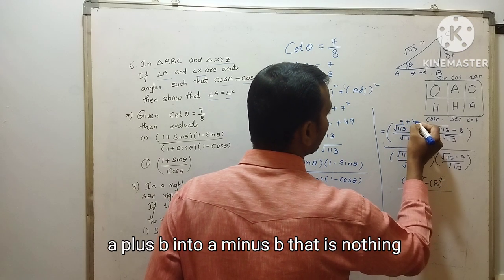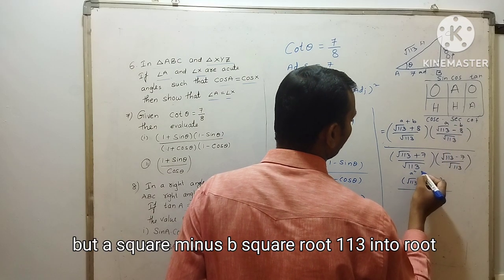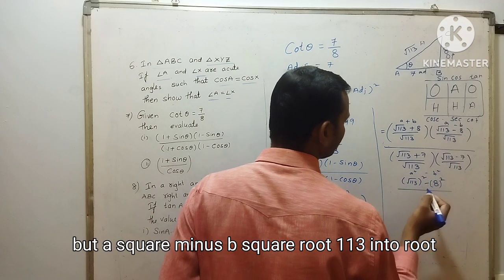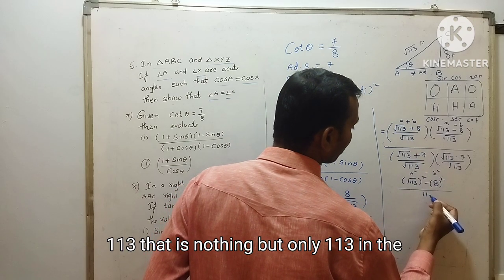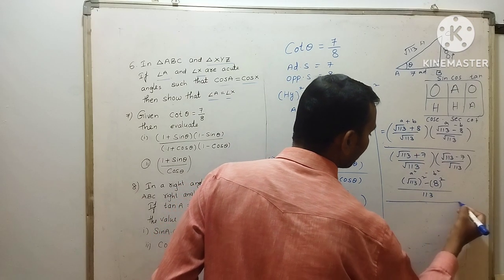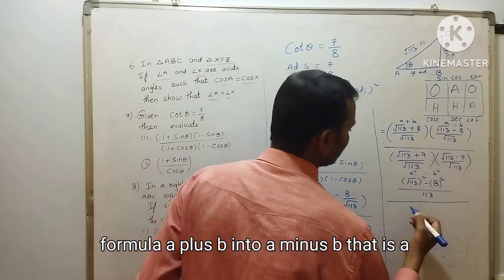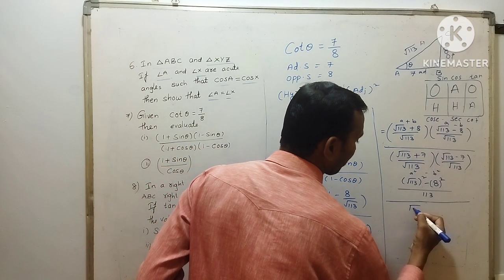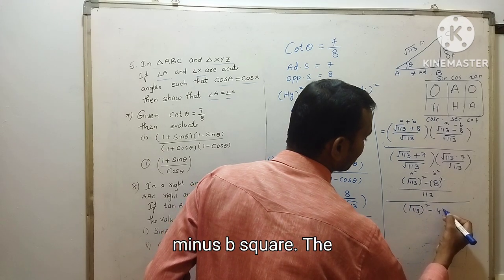A plus b into a minus b is nothing but a square minus b square. Root 113 into root 113 is nothing but only 113. In the denominator, again we will apply the same formula. A plus b into a minus b, that is a square minus b square.